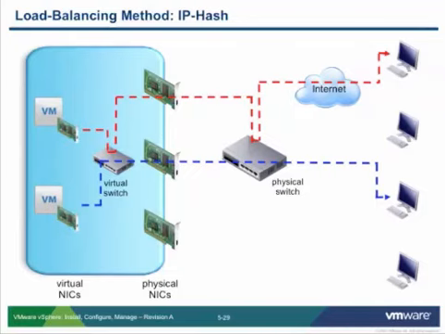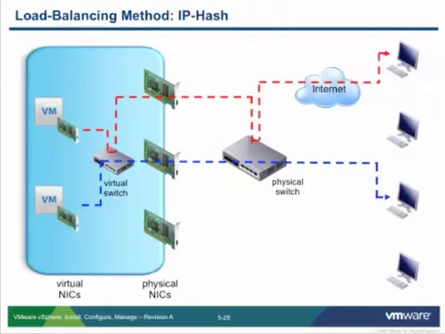Now, if the second virtual machine says, I want to send traffic to this external guest that happens to be this third one on the right, again, two different IP addresses, a different hash, and so a different physical network adapter card that it sent out.